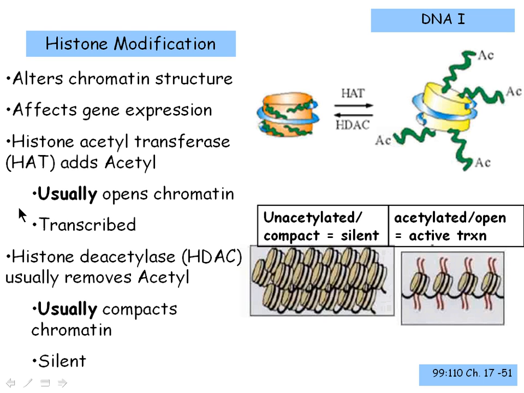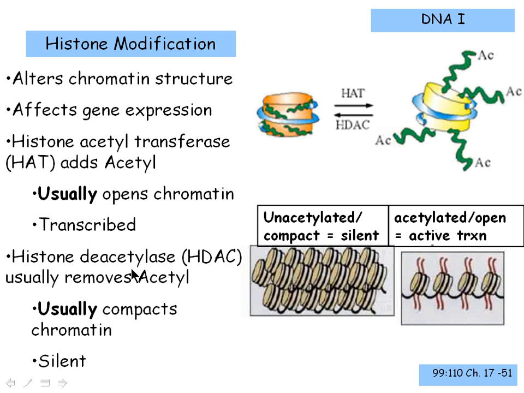However, this is not always the case. There are a lot of different instances where acetylation actually results in silencing of genes. So I would say more often than not, acetylation results in transcription, but not always. Just for the sake of this class, though, you just need to know that usually acetylation results in active transcription of genes.